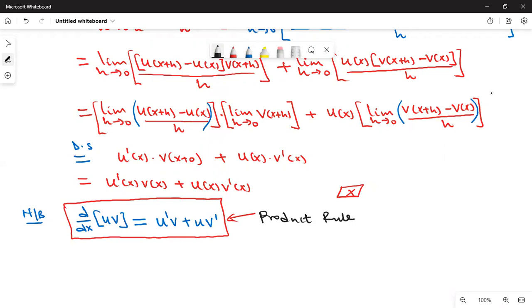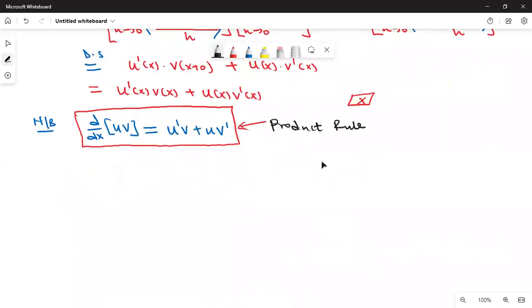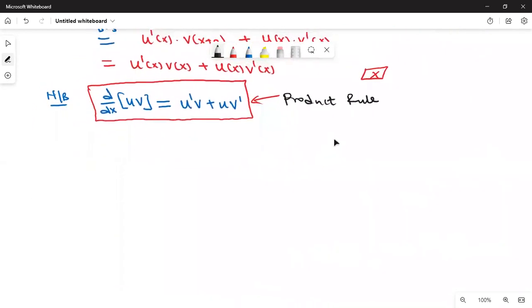Now, I want to give you some examples on how to apply the product rule of differentiation. In this case, let's look at this example.